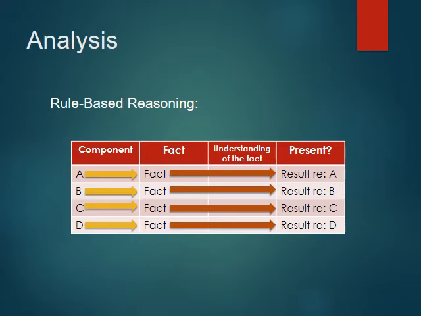You'll present your understanding of the legal relevance of that fact, and then you determine whether or not element A, B, C, and D are present. And that's the analysis that you conduct on an exam, just reduced to its bare components.